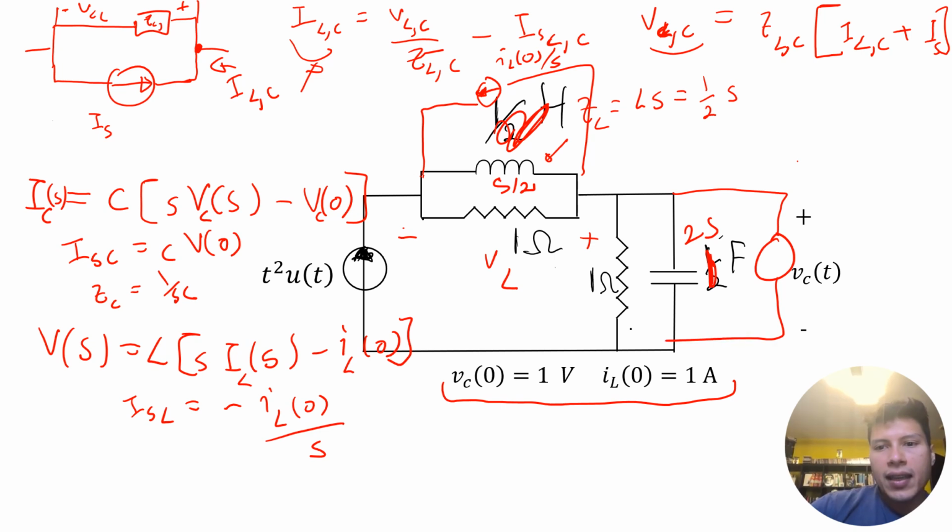And then this gets a current source which points in the direction of I_C, so this way, and it's got a value of C times V0. And so if you have initial conditions, this is what your final model will look like.